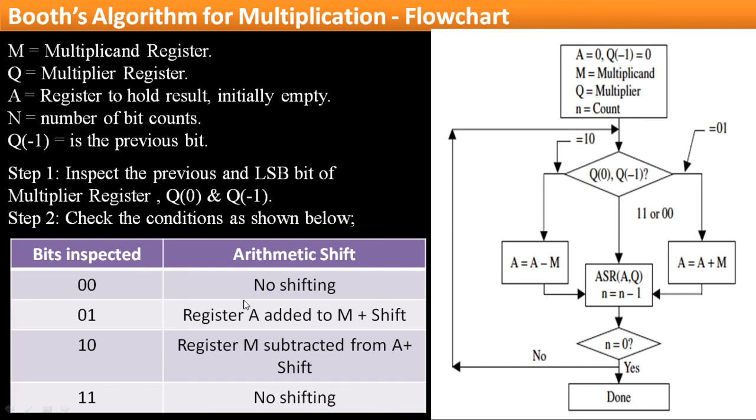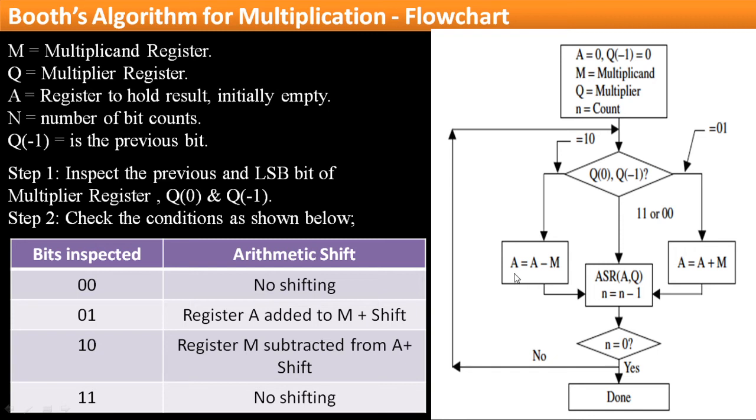Now, if it is 0, 1 or if it is 1, 0, what we have to do is, if it is 0, 1, then we have to add the multiplicand register content to the accumulator content, and that will be saved in the accumulator itself. Now, if it is 1, 0, then we have to subtract the content of M, that is the multiplicand register, from the accumulator, and the result will be reflected in the accumulator itself.